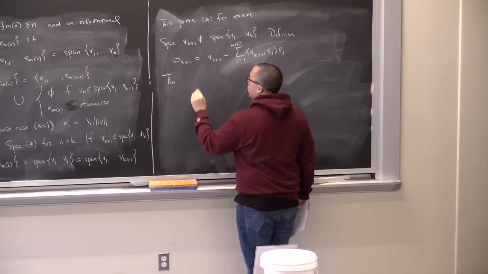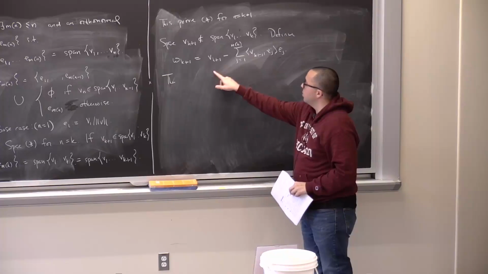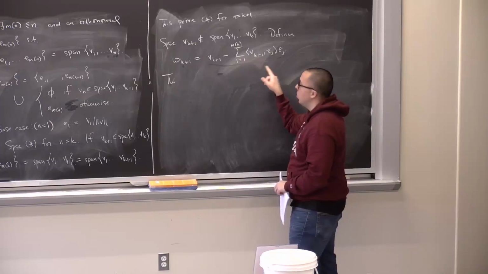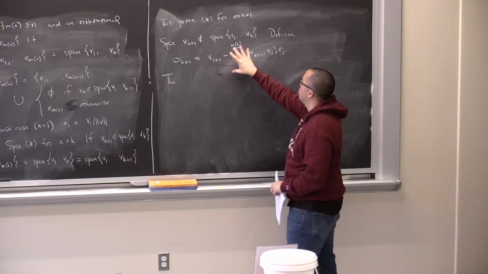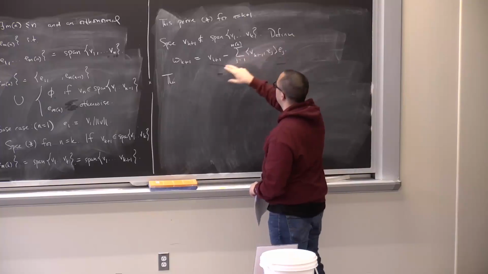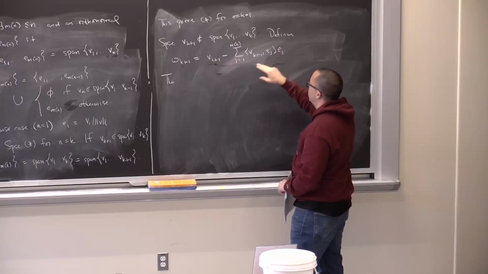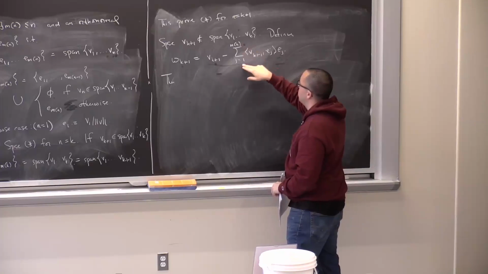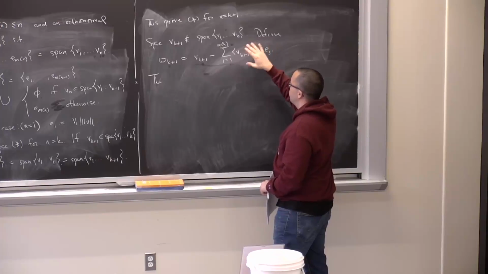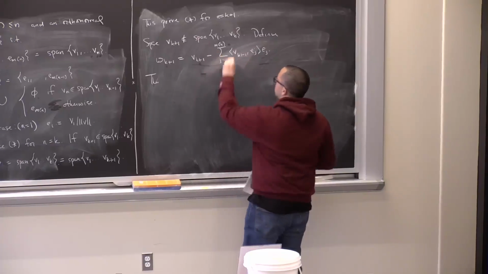First note that this vector, W_{k+1}, cannot be 0. Otherwise, this would imply that V_{k+1} is equal to this quantity here, and therefore V_{k+1} is in the span of the E_j's for j between 1 and m(k), which is equal to the span of the V_j's for 1 up to k.